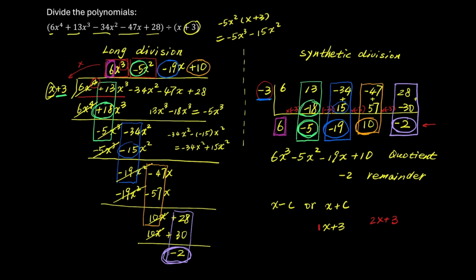One more important thing to remember when setting up both long division and synthetic division is that the terms in your dividend must be arranged in descending order. Also, you can't have any missing terms. For example, if we have an x to the power of 4 term, and after that an x squared term, and then an x term, and then a constant term, in this case, we don't have the x cubed term.